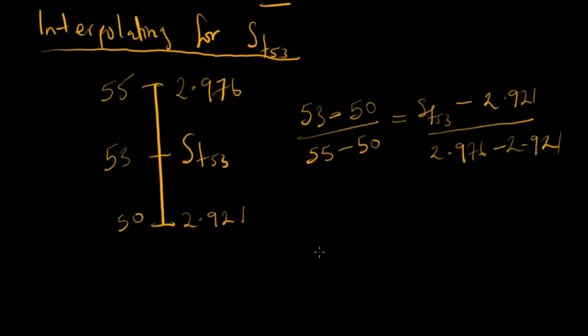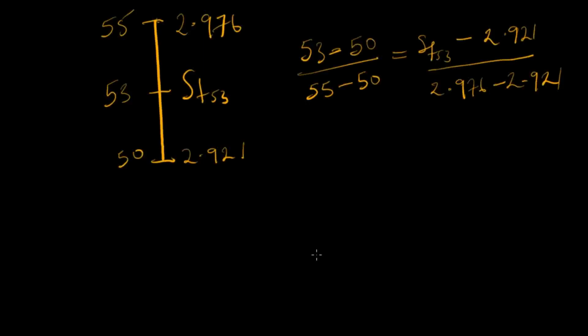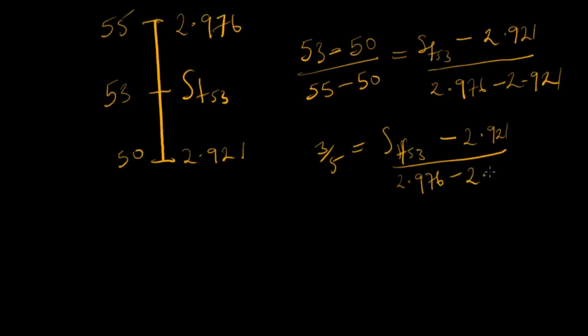So we have that 3/5 is equal to sf53 minus 2.921 all over 2.976 minus 2.921.